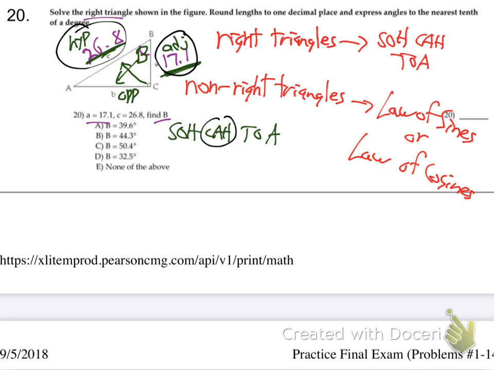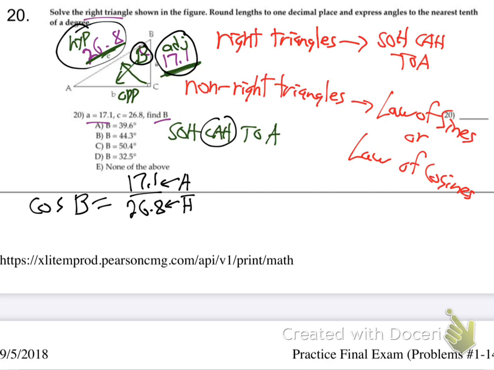Cosine. So the cosine of B is the adjacent, 17.1, over the hypotenuse, 26.8. That's adjacent over hypotenuse. All right, so now, I'm trying to find B, so how do I find B?